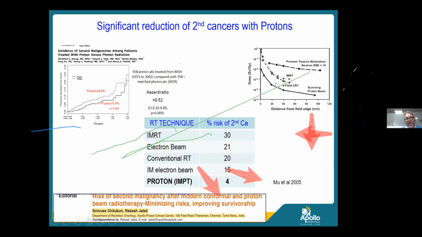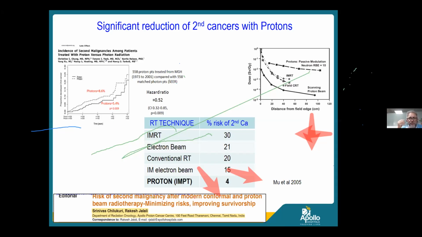In the scanning technology, especially the pencil beam technology, IMPT as we call it, this is a singularly attractive advantage, and a very important one, because many long-term survivors, from as low as 1 or 2% to about 30%, are at risk of developing a second cancer in different sites, whether head and neck, breast, GI, or brain. A significant proportion is because of radiation.